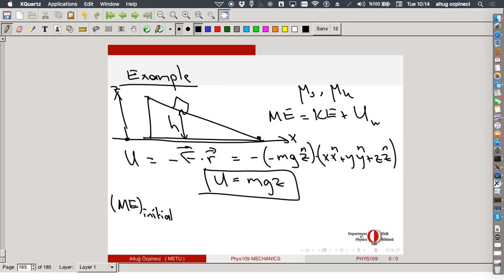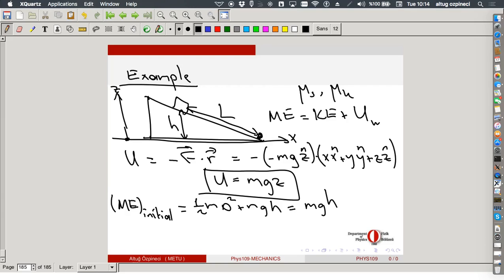Initial speed, no. We just release it from rest, and it slides down a distance, let's say L. Well, the kinetic energy is 0, initially it has 0 speed. So it is 1/2 m v0 squared plus mgh. This is the initial mechanical energy of the system.